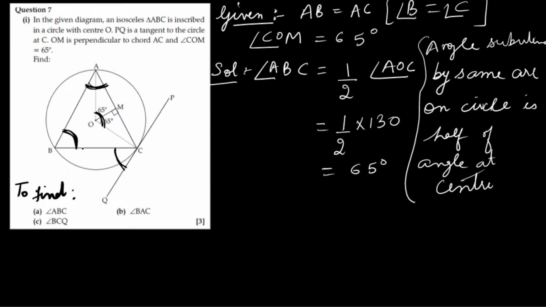If you see both angles, angle B and angle O, they are subtended by arc AC. So the first one we have found. Now we have to find angle BAC.